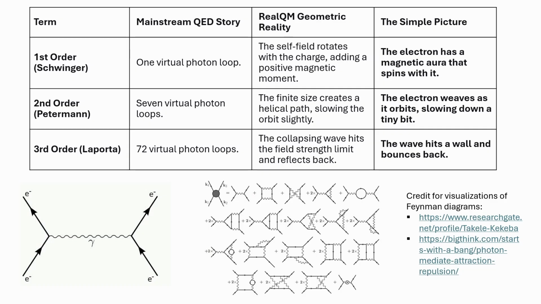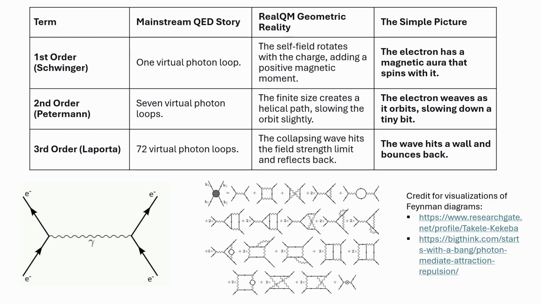That makes sure that every charge element inside of that point-like charge moves exactly at the velocity of light. So the electron weaves an orbit, I'll show that, a toroidal model, slowing down as a whole just a tiny bit.